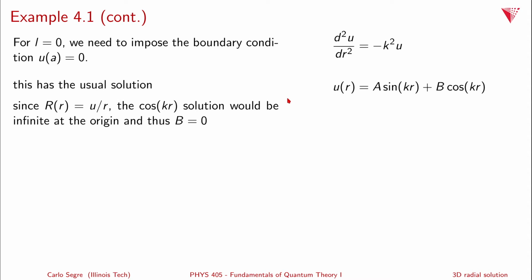For u of a equals 0, we also have to remember that the real solution we're after is R of lowercase r, which is u over r. And so the cosine of kr solution would be infinite at the origin. And so B has to be equal to 0.